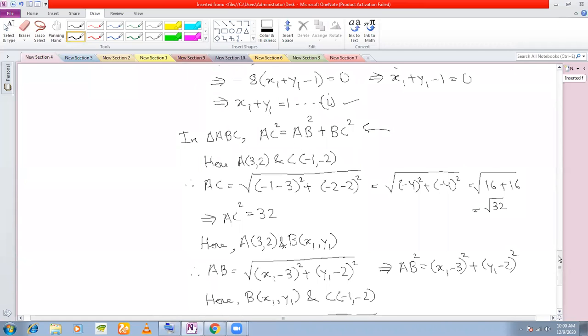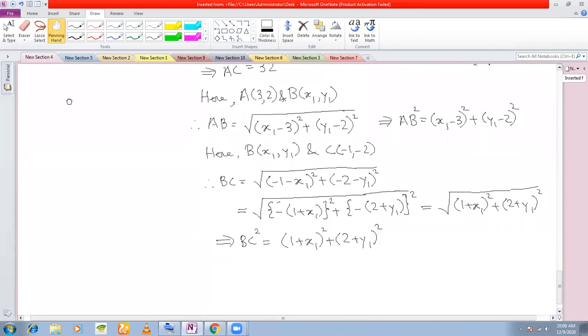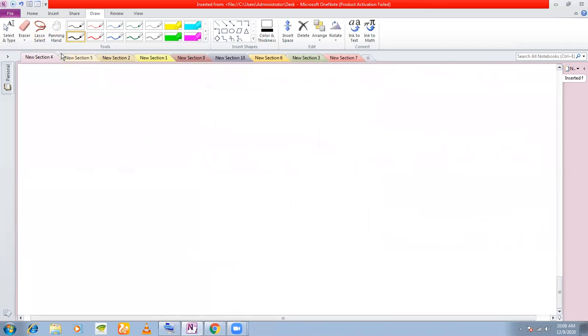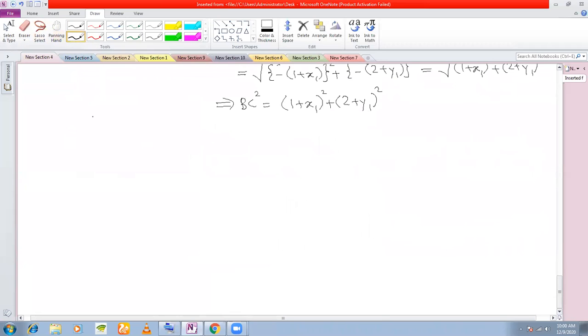So again, AC square is equal to AB square plus BC square. Put the values. AC square, we have already found out this to be 32, right?